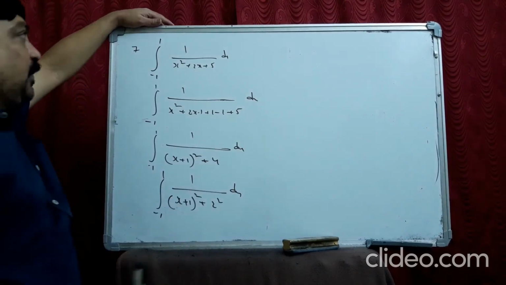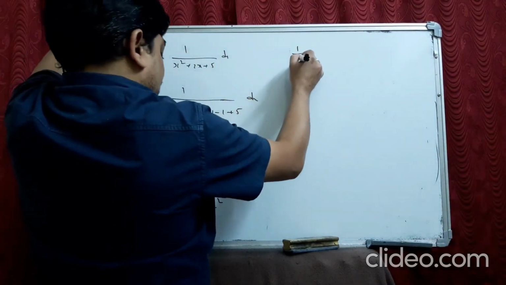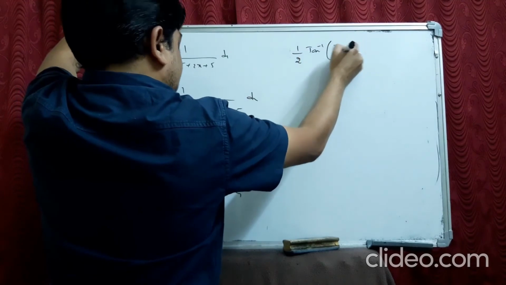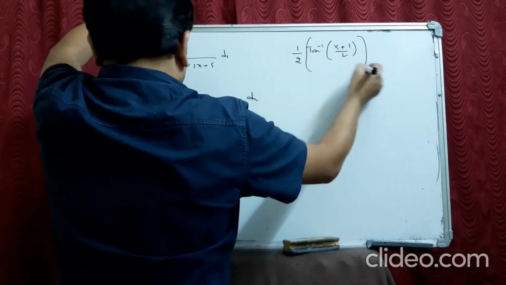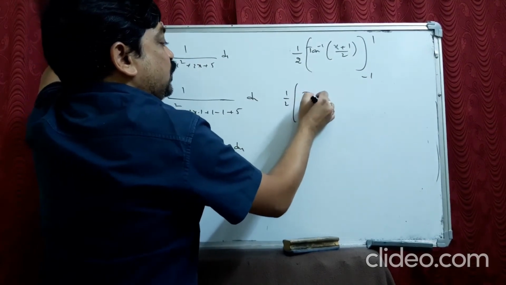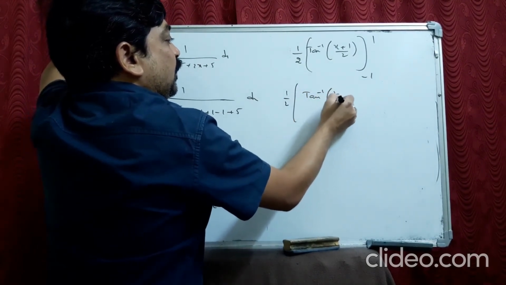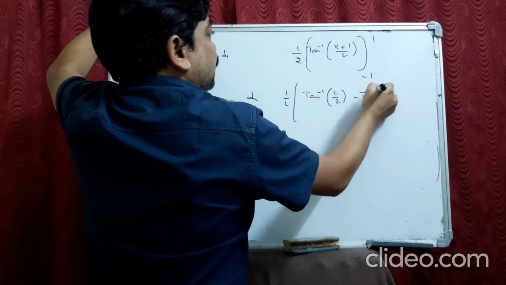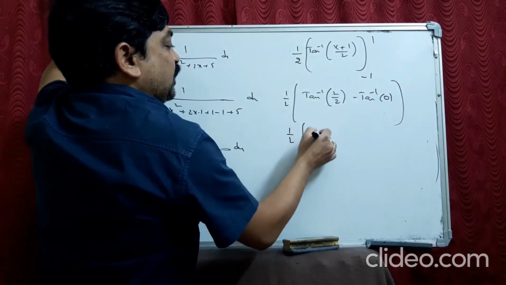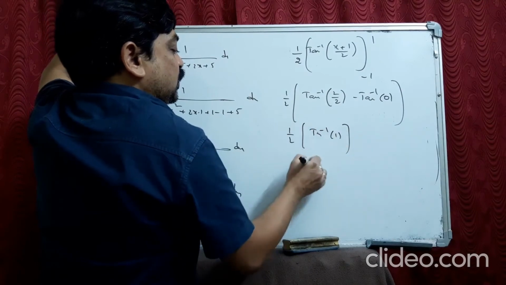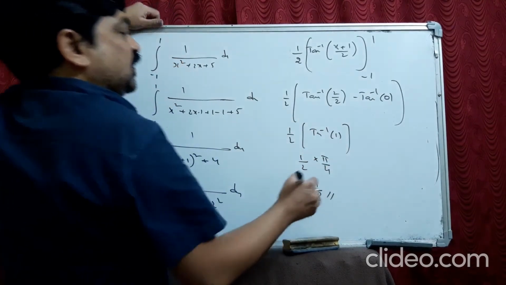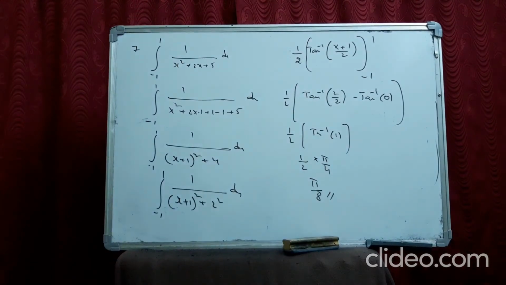The formula for 1 by x square plus a square is 1 by a tan inverse x by a from minus 1 to 1. So if I substitute 1, it becomes 2 by 2. If I substitute minus 1, it becomes 0. So 1 by 2 into tan inverse of 1. So 1 by 2 into pi by 4, it becomes pi by 8.